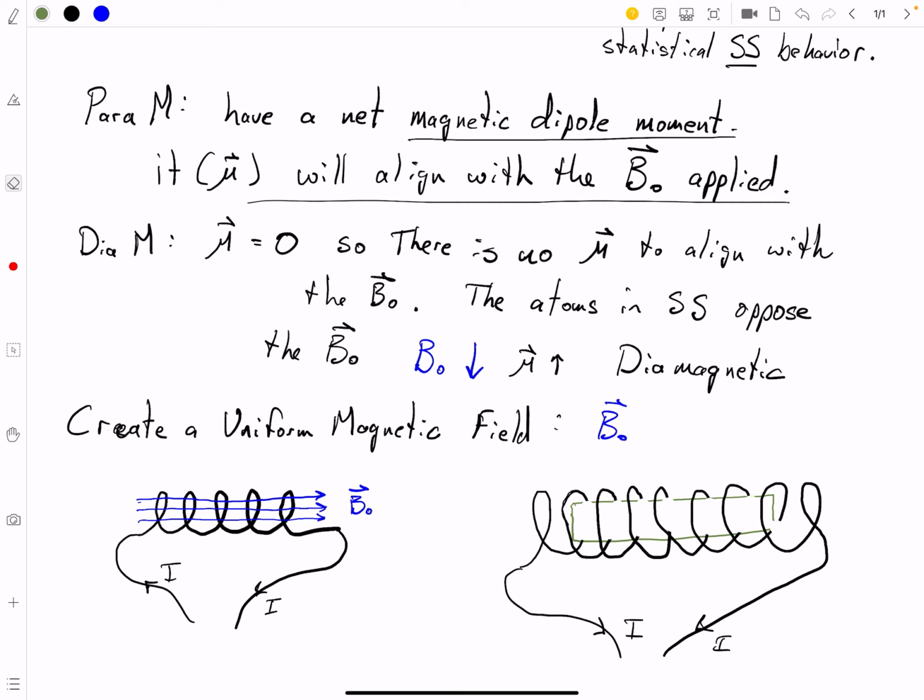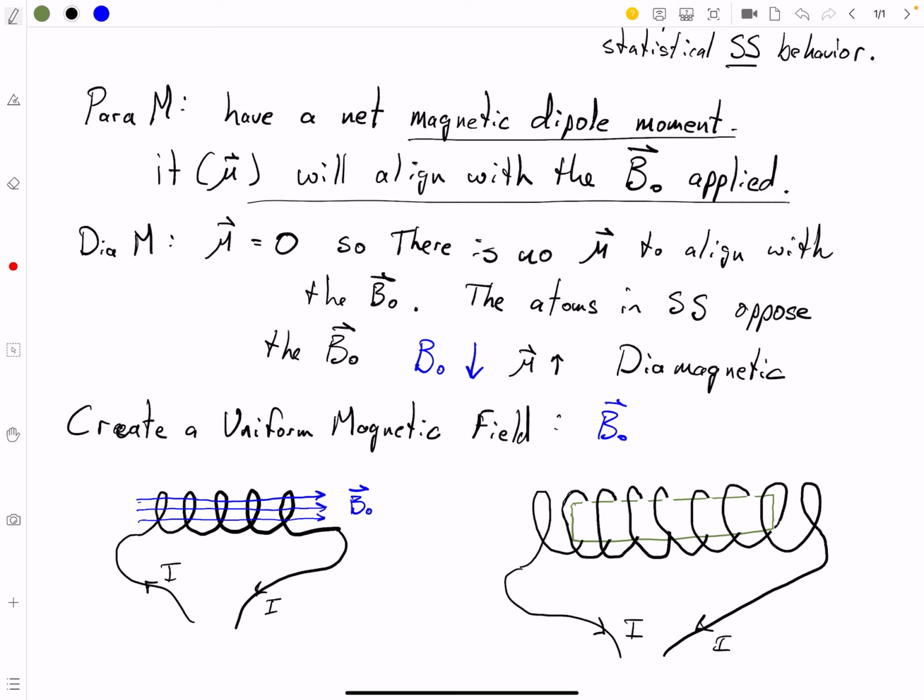Okay. All right. Okay, so there's our solenoid, and it's going around and whatnot. So there we go, and not too shabby.